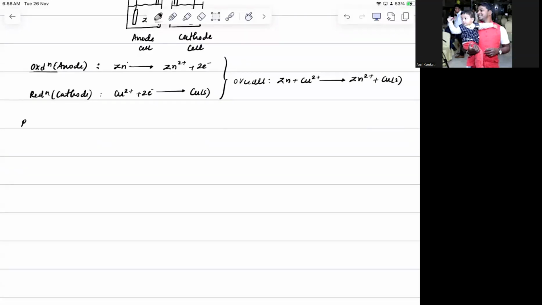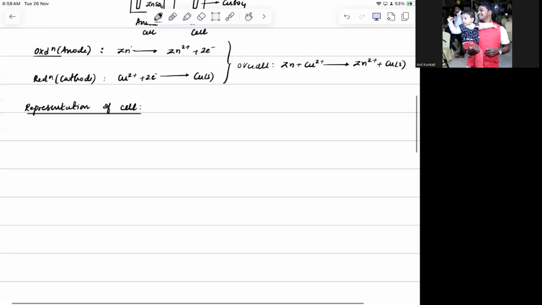Next. How do we represent the cell? Typically, especially this Daniell cell is represented this way. Zinc is getting oxidized into the solution, right?